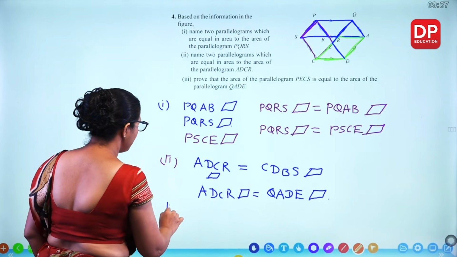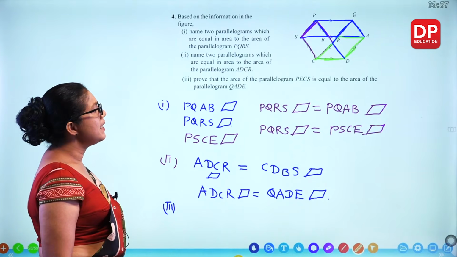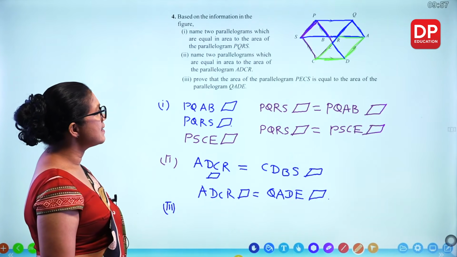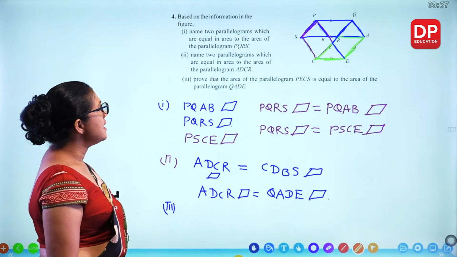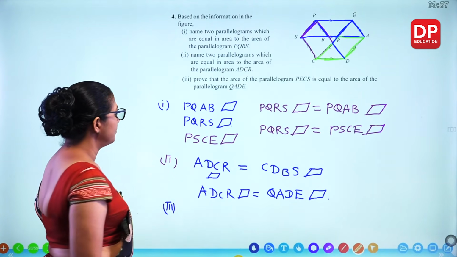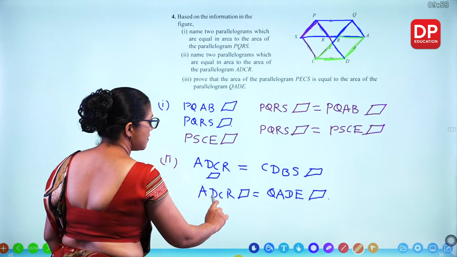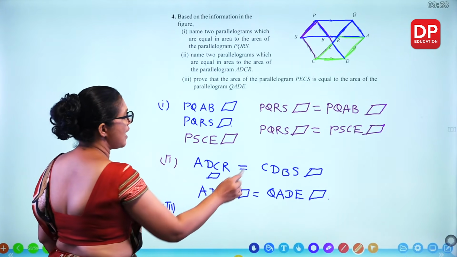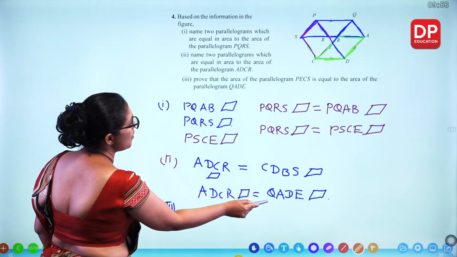Then the third one, prove that the area of the parallelogram PECS is equal to the area of the parallelogram QADE. From this, what can we say? This is equal to this. This is also equal to this. So that means we can see this is equal to this one.